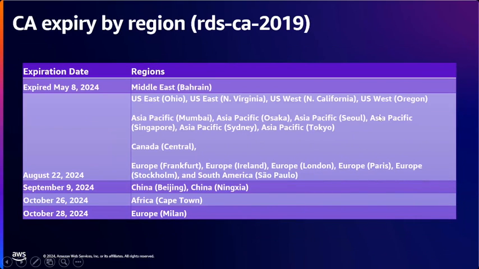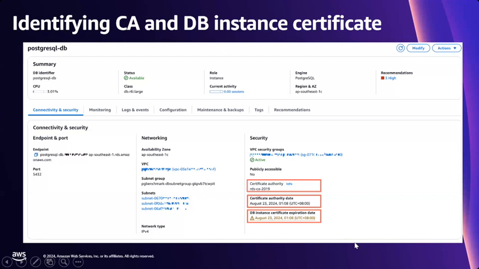As we mentioned earlier, the RDS CA 2019 is set to expire in 2024. The actual expiration date depends on the region. Note 17 regions are expiring August 22nd, 2024. And don't be afraid to plan ahead and upgrade early to avoid any sort of disruptions to your service.